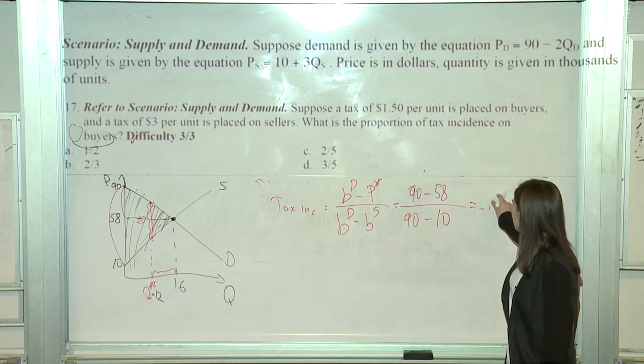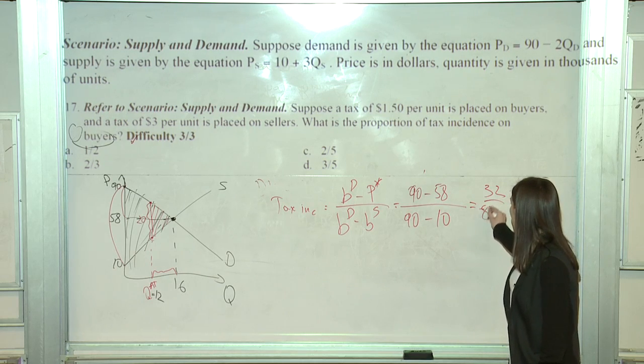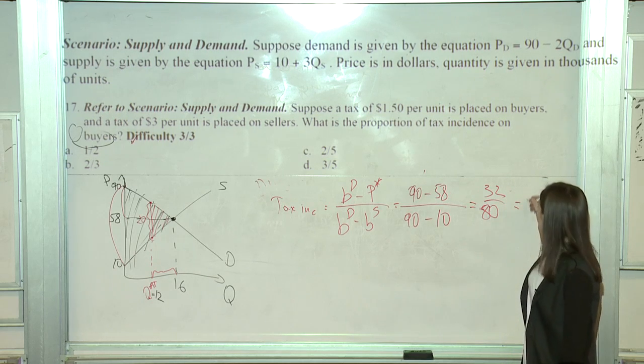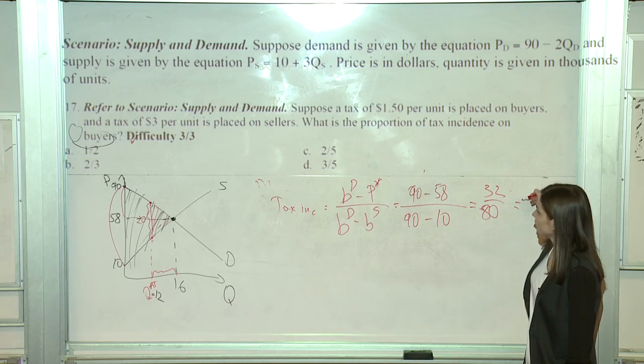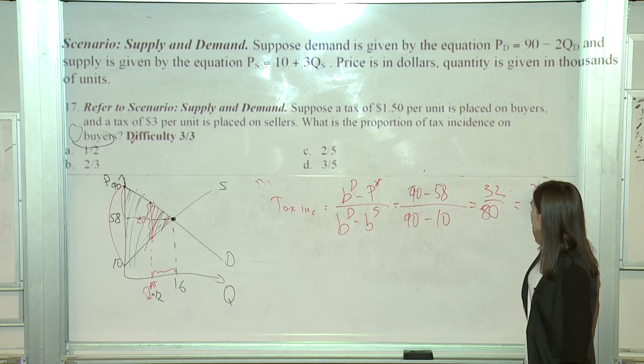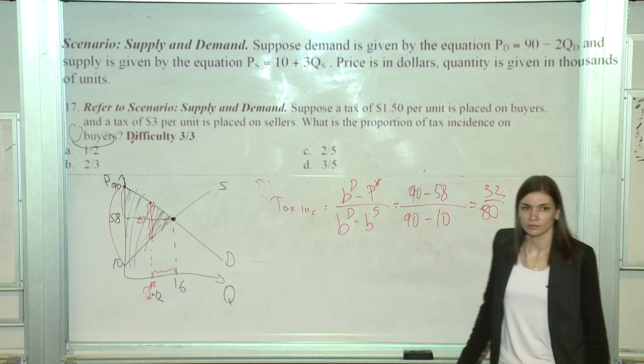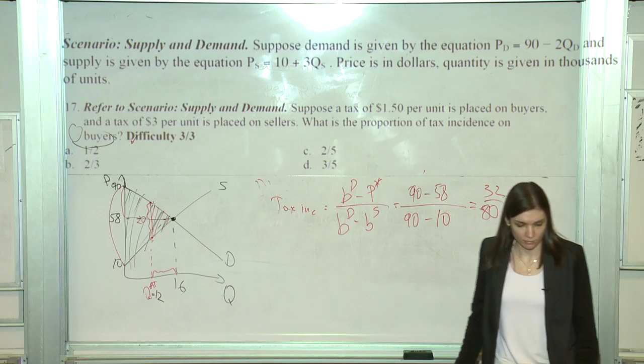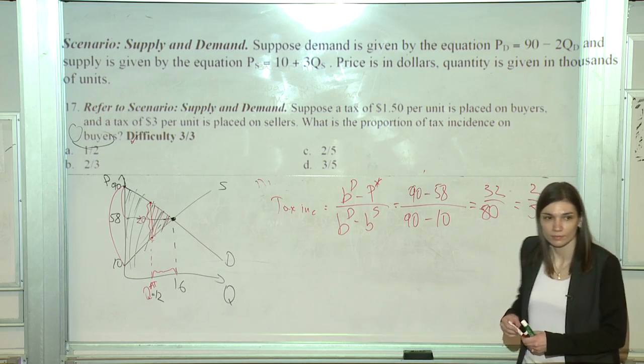32 divided by 80, what is it? 10, 2 over 5.